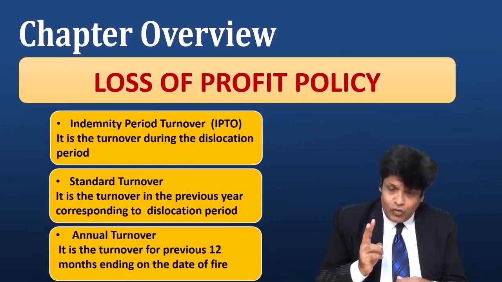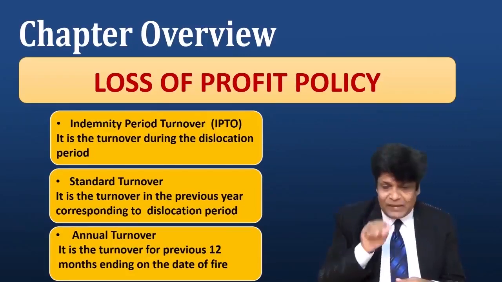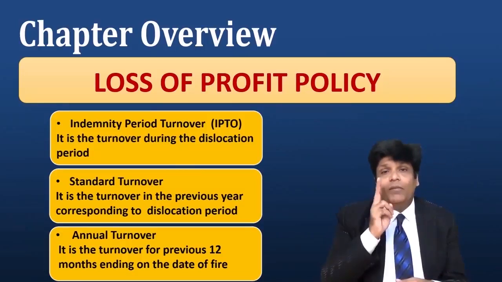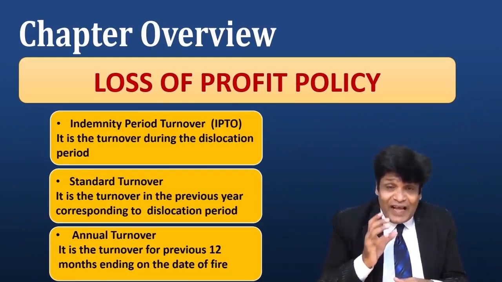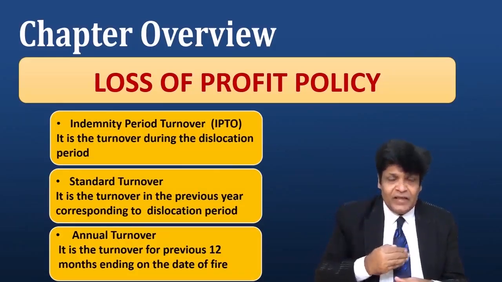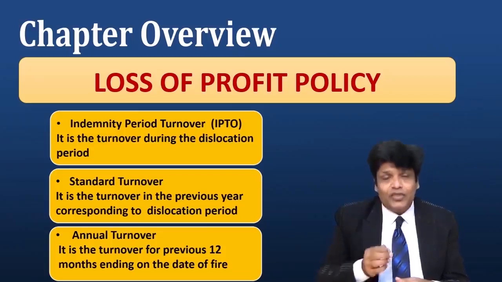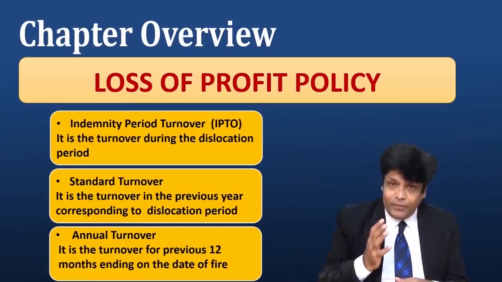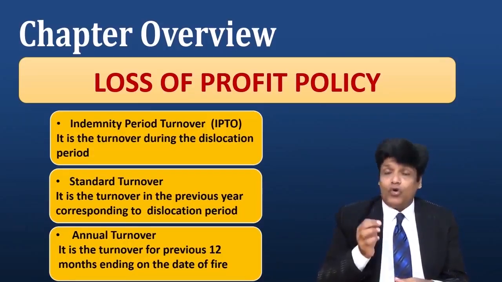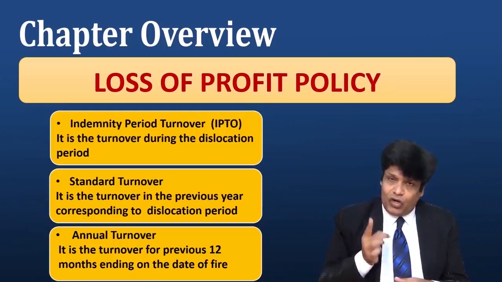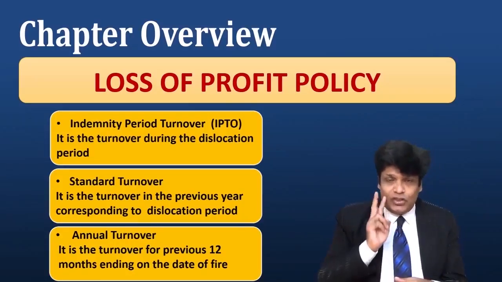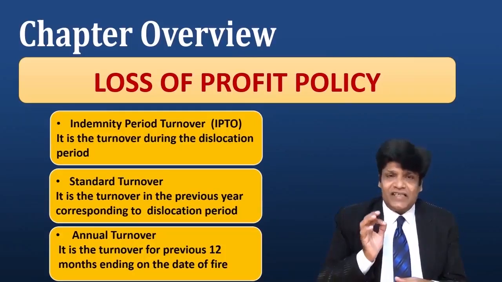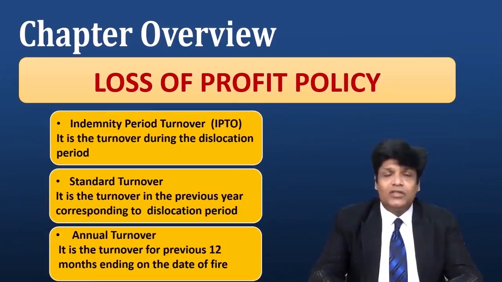So when the dislocation period is 2 months, from August to September and September to October, for 2 months the business has suffered and the sales have been adversely affected. That is why, friends, from 6th August 2018 to 5th October 2018, that is August to September 1 month, September to October another month, whatever sales has taken place in these 2 months is known as indemnity period turnover.